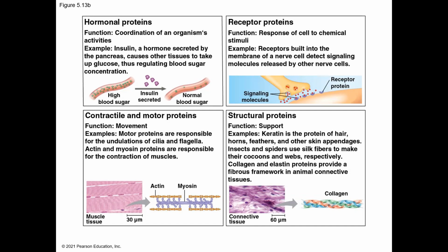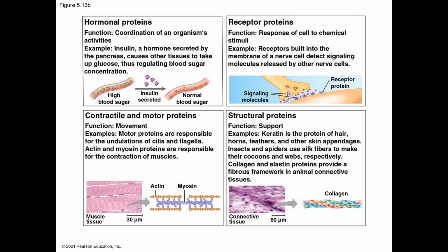Your sperm cells have flagella for movement towards the egg. And our muscles are filled with actin and myosin proteins that are responsible for the contraction of our muscle cells. Every movement that your body makes is through the use of contractile and motor proteins.